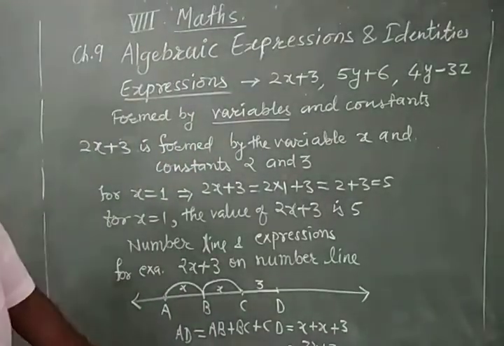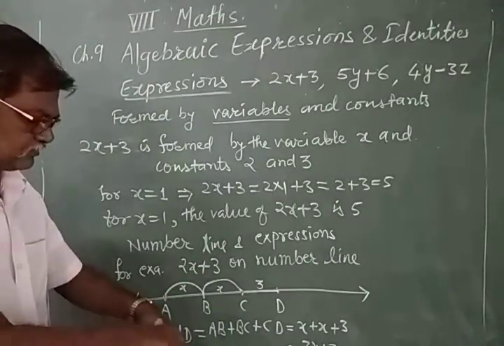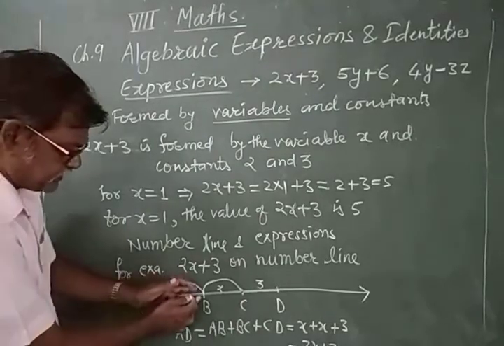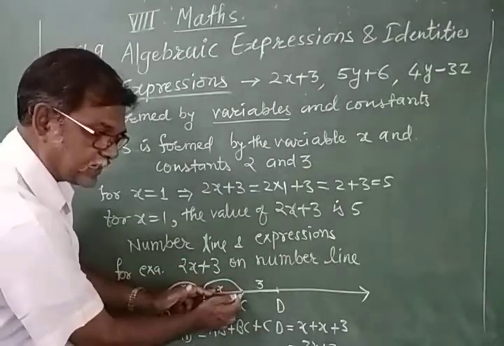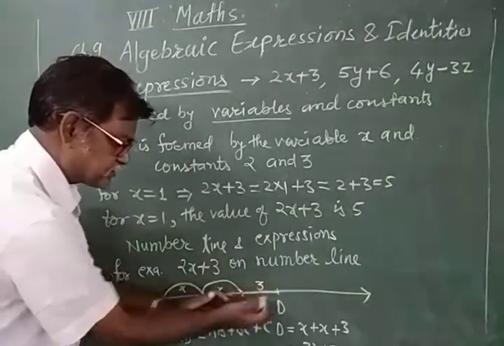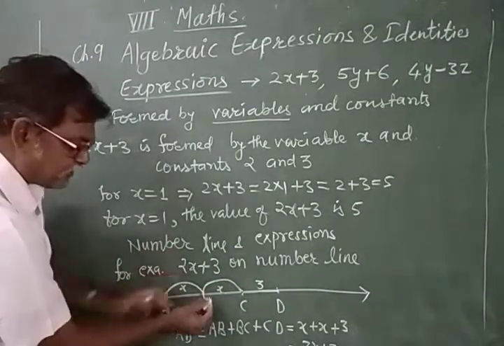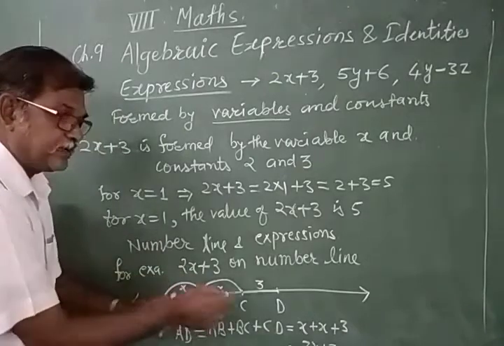Likewise, if you want 2x minus 3, then A to B is x, B to C again x, and this distance we will come backward, in the back direction. So somewhere the point D will be here.